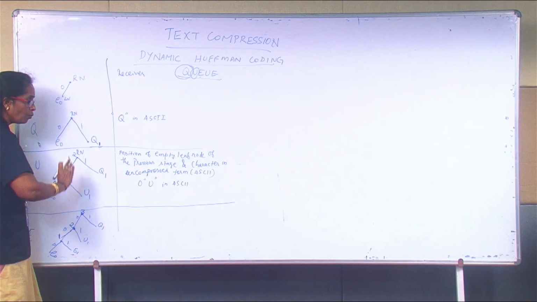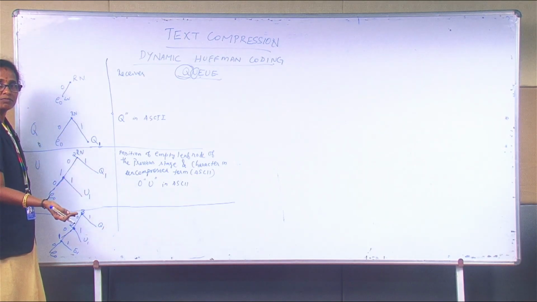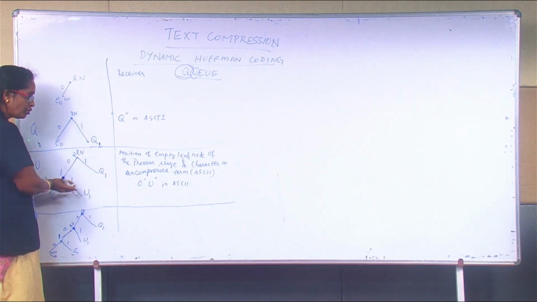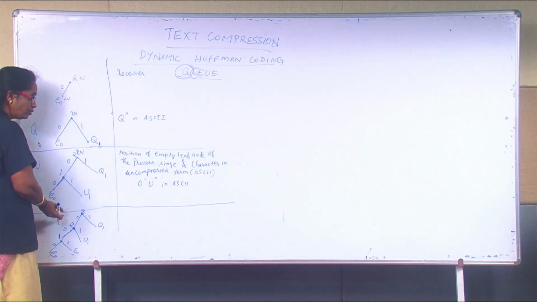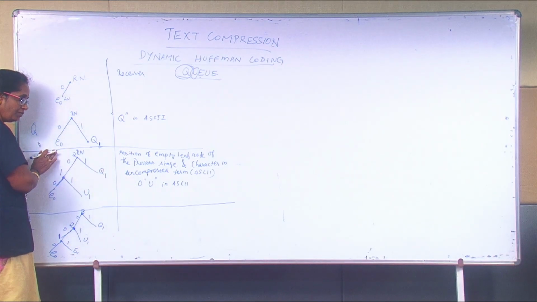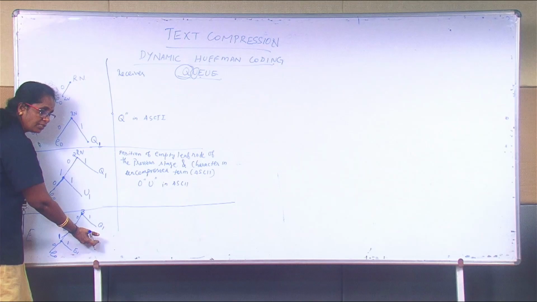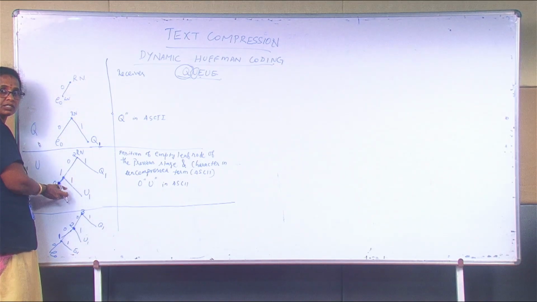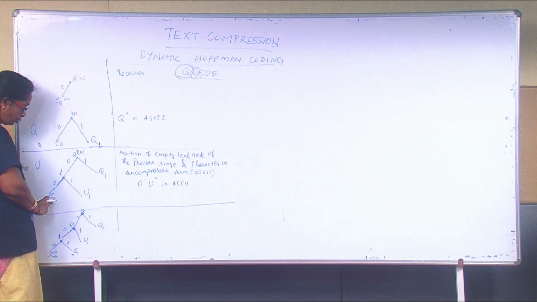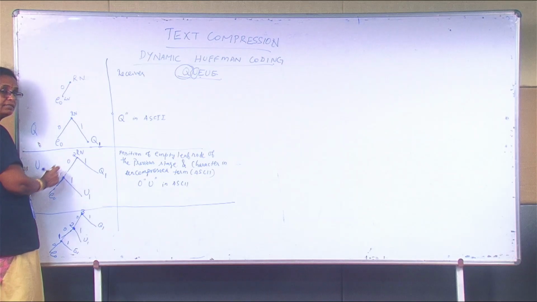Now what has to be transmitted to the receiver? As in the previous step, the position of the empty leaf node of the previous stage. As far as this stage is concerned, this is our previous stage. In this previous stage, what is the position of our empty leaf node? Read it from the root node. Therefore, 0 and 0.